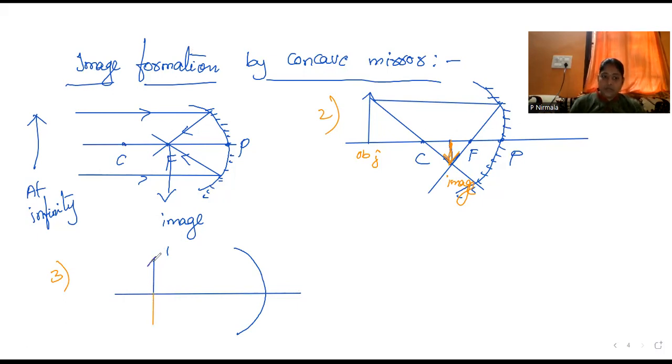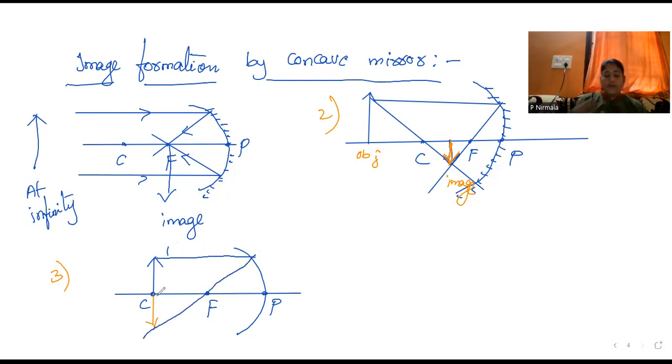The image is not small. In the previous two cases, the image size is less than the object size. Here focus, here pole.